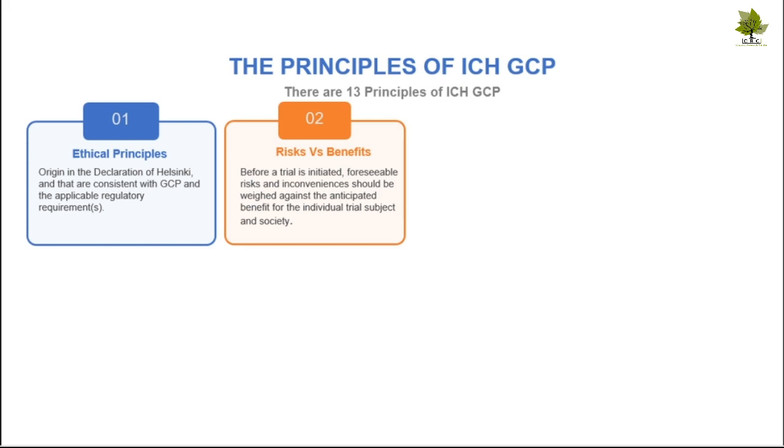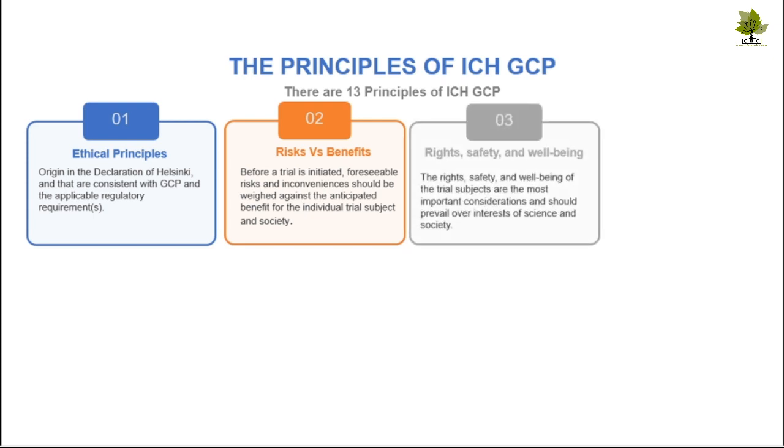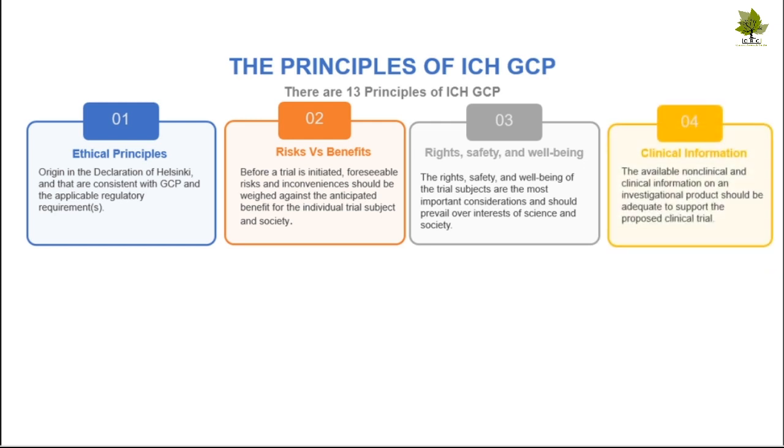The third principle is about rights, safety, and well-being. The rights, safety, and well-being of the trial subjects are the most important considerations and should prevail over the interests of science and society. The next principle is about clinical information. The available non-clinical and clinical information on an investigational product should be adequate to support the proposed clinical trial.